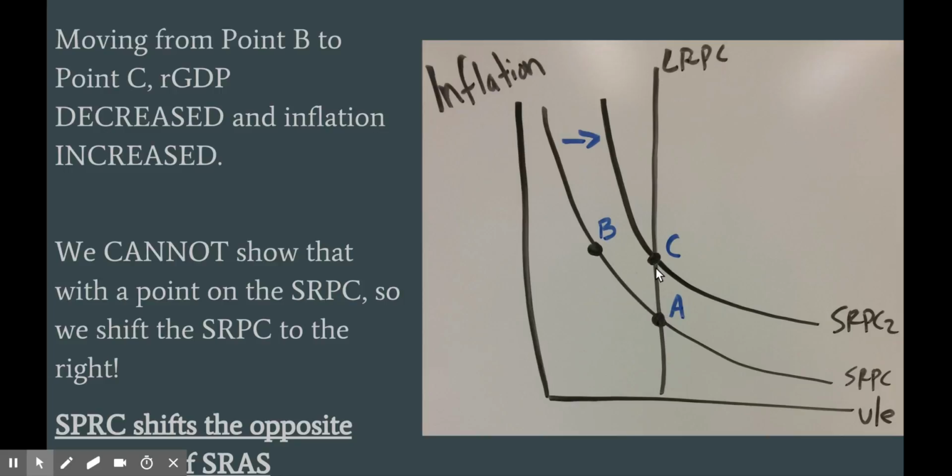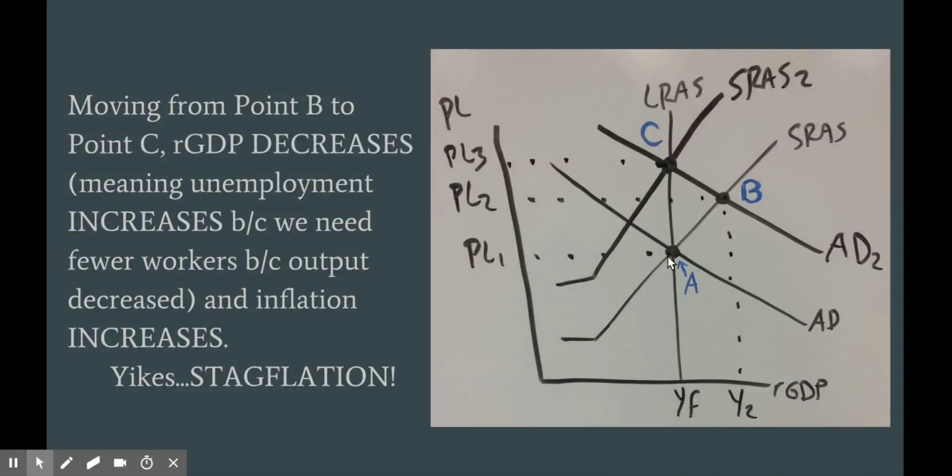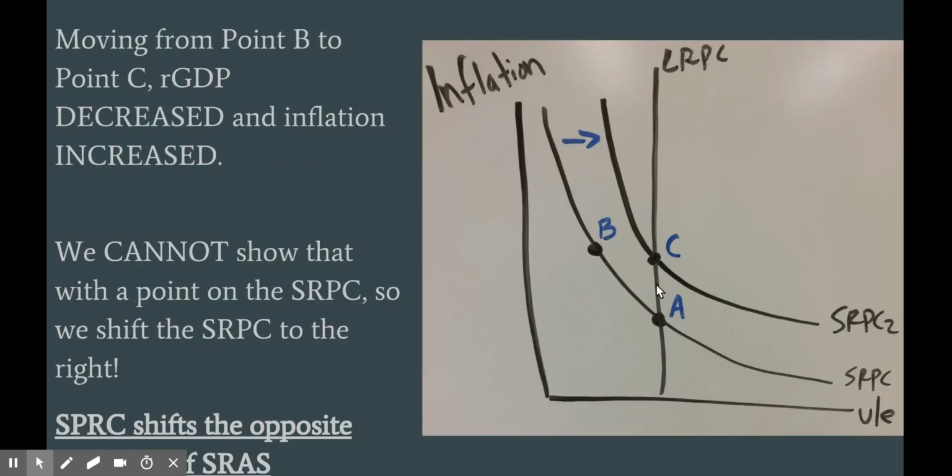We temporarily had an increase in GDP, but that is not a long run situation that we can be in. So unemployment remained the same in the long run, but price level still increased. So moving from point A here to point C here is mirror image, because from point A, GDP was here, and point C, it also did not change. The only thing that went up was price level from 1 to 3.